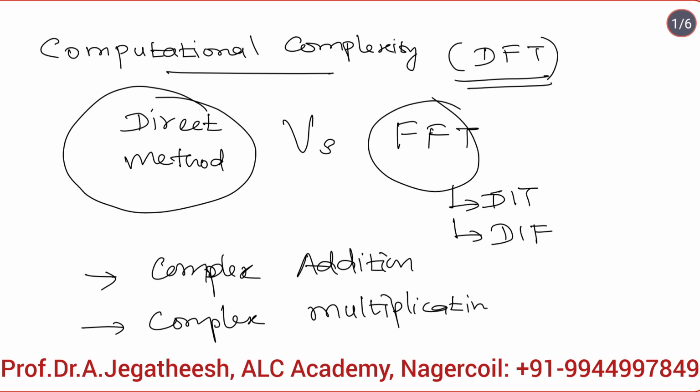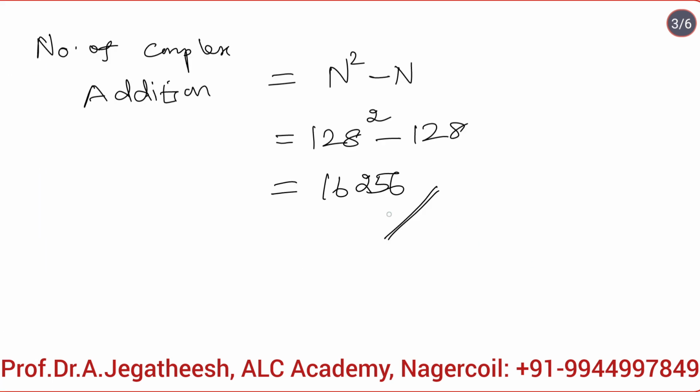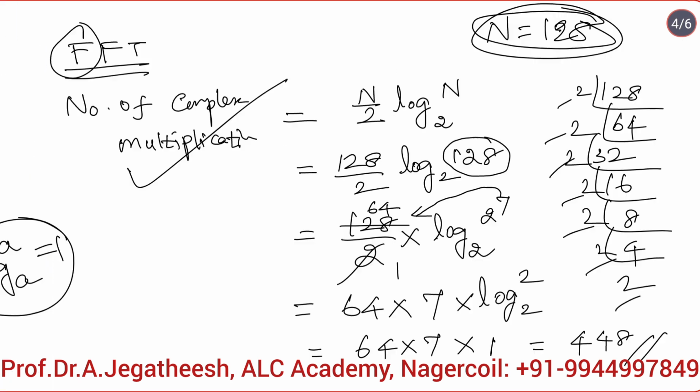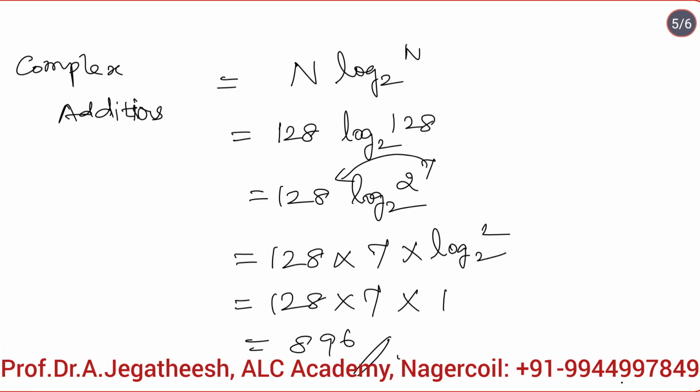For N is equal to 128, the direct method needs 16,384 complex multiplications and 16,256 complex additions. But in the case of FFT, the values are simply 448 and 896. The values are very small in the case of fast Fourier transform. That's why this method is called fast Fourier transform.